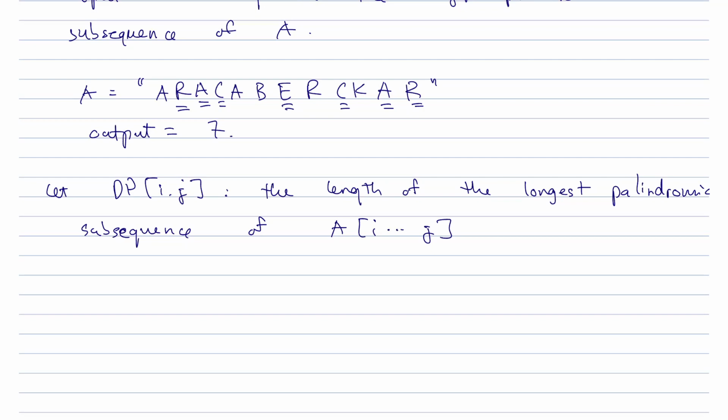So let us look at the base cases. dp[i][i] is equal to 1, right? Because the longest palindromic subsequence of a single letter is itself.